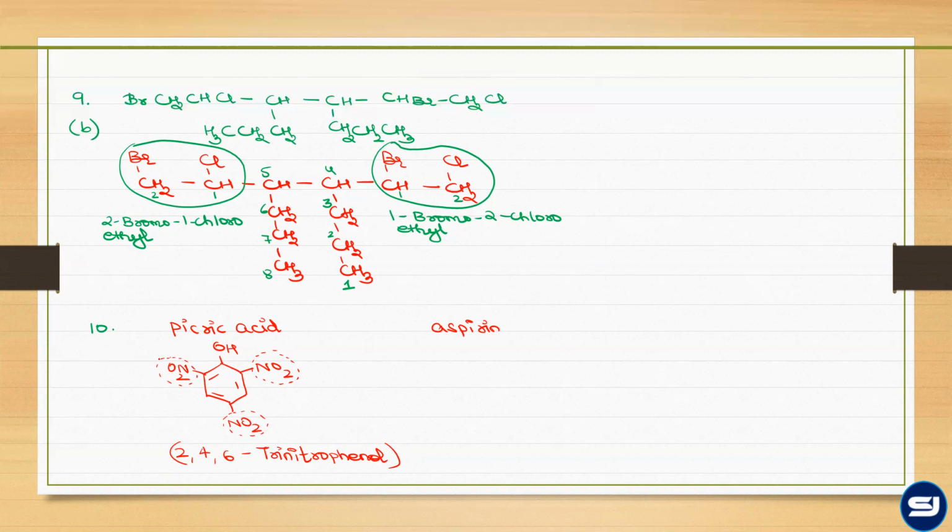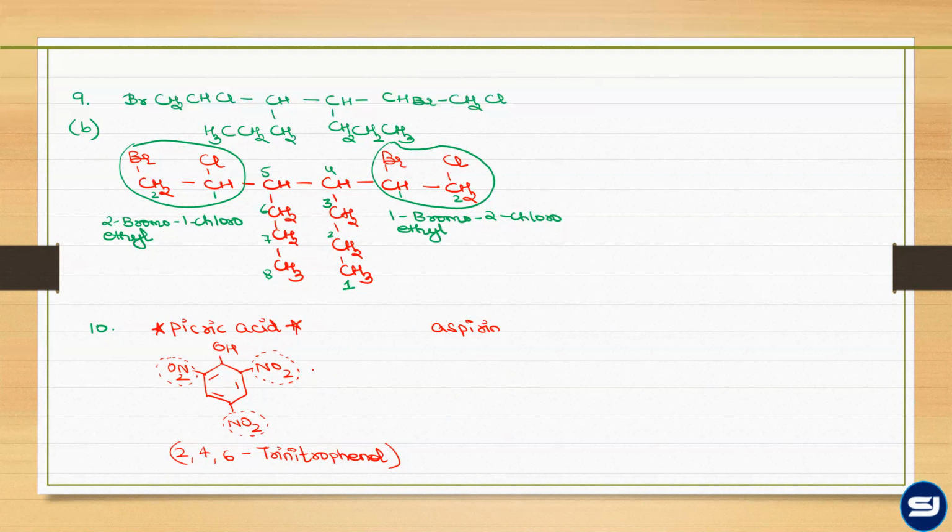So in the organic compound, a substituent like EWG, that is nitro, can enhance the acidic strength to so large value that it is having the K value or the acidic strength comparable with the carboxylic acid family. That is why commercially this phenolic compound is given a name as picric acid, which is highly explosive.